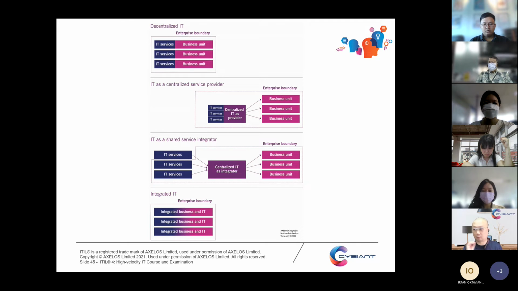I did mention there is no right or wrong model, but a lot of companies are also doing decentralized for, let's say, a small medium enterprise. Some are doing shared services integration. So there's no right or wrong, depending on what the business needs at this point in time.